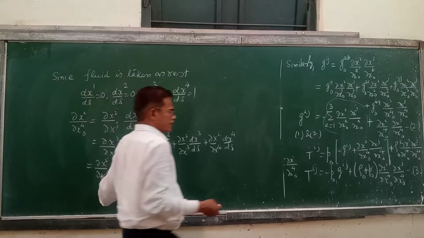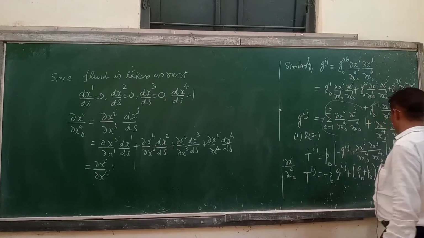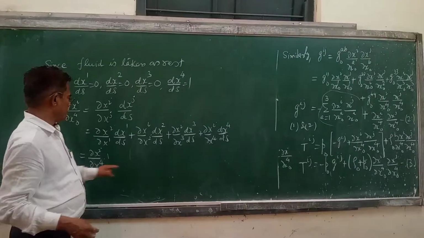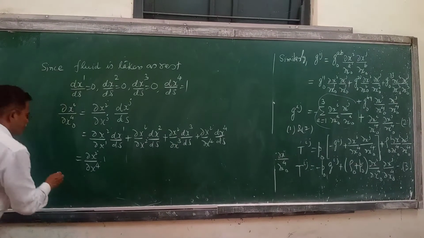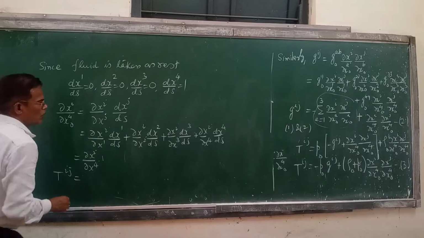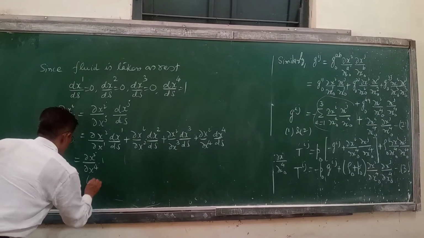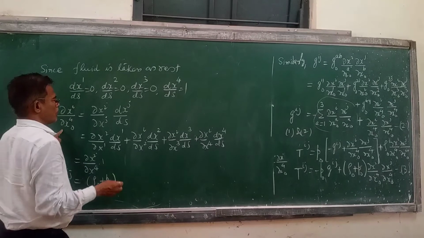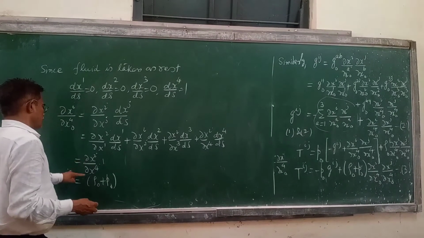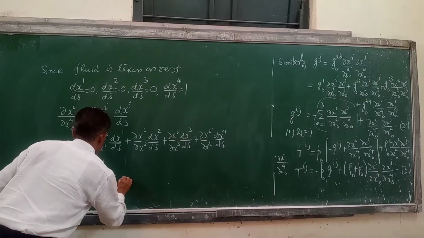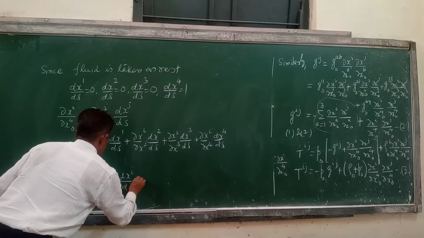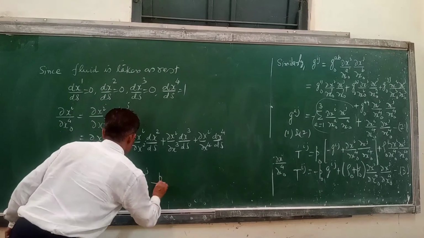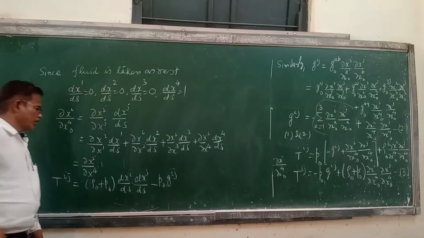So now substituting the value of del x I upon del x 4 in the last equation 3, Tij is equal to rho 0 plus P0, dx I upon ds, dx j upon ds, minus P0 gij.